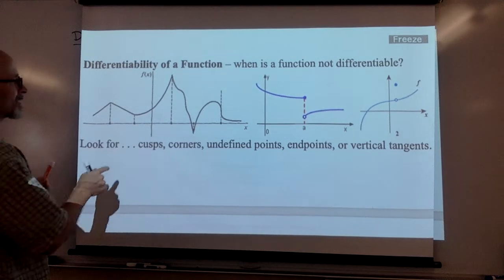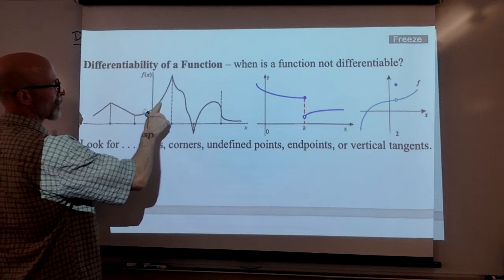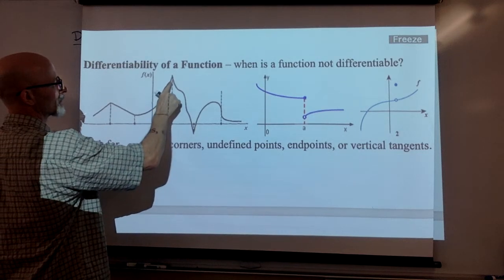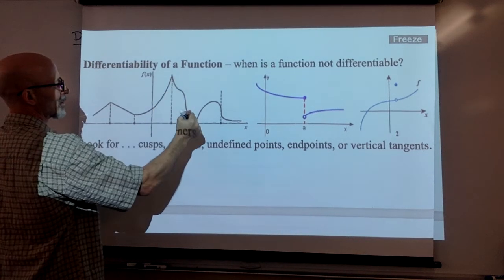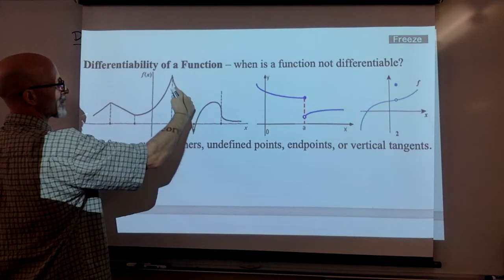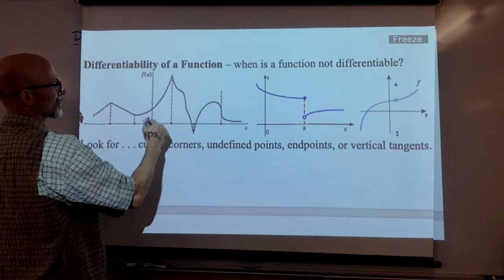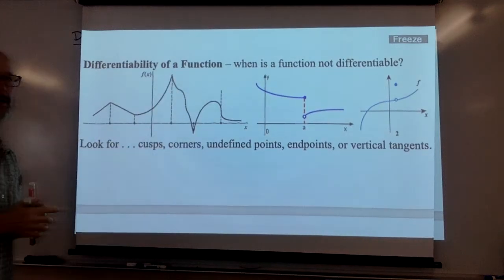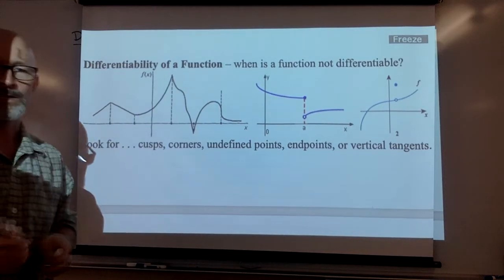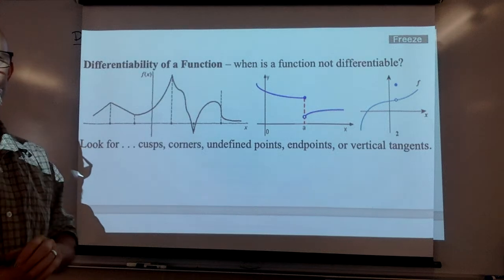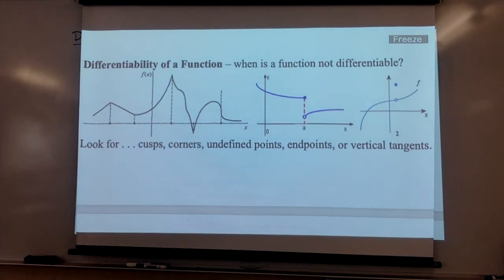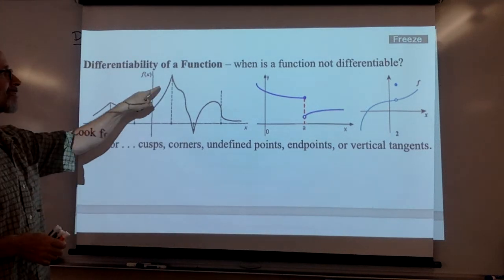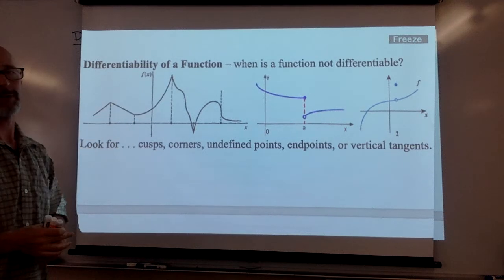As a matter of fact, what we do is we say, the slope as we're approaching from the left is getting closer and closer to one number. And if we're approaching from the right-hand side, the slope there is getting closer. We have a positive slope on the left. We have a negative slope on the right. If there really is a slope at that one point, it's going to have to be the exact same number approaching from the left and the right.